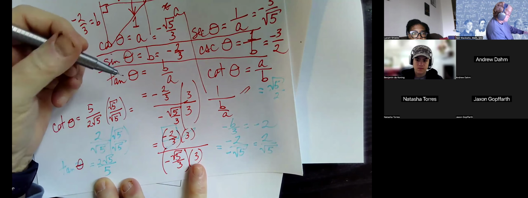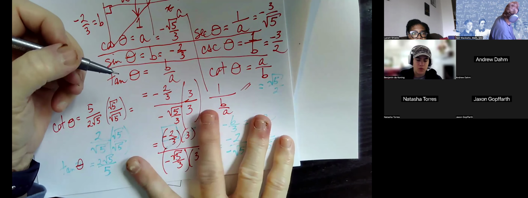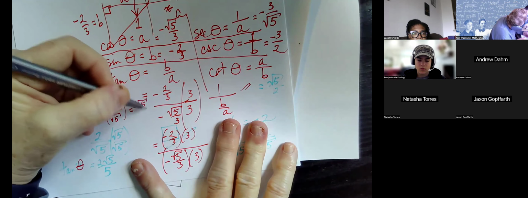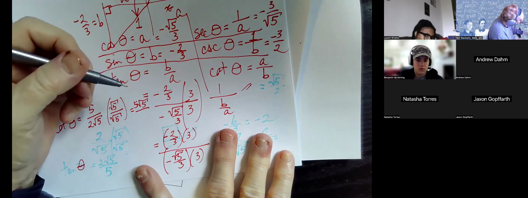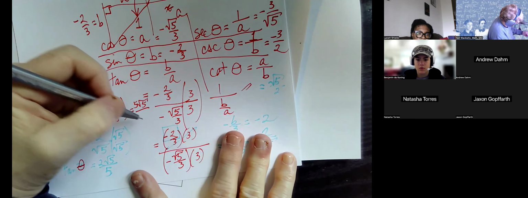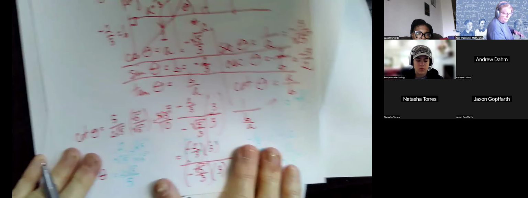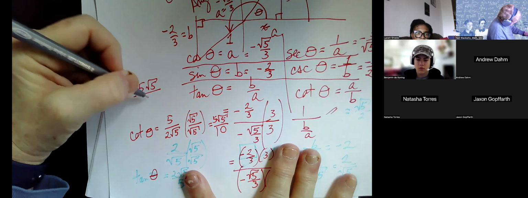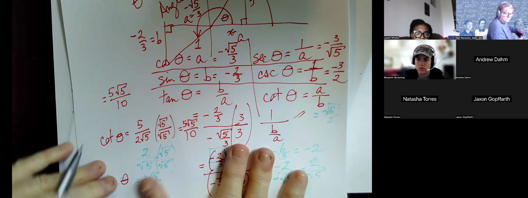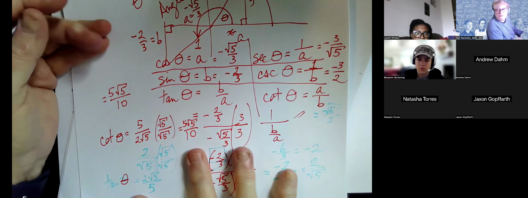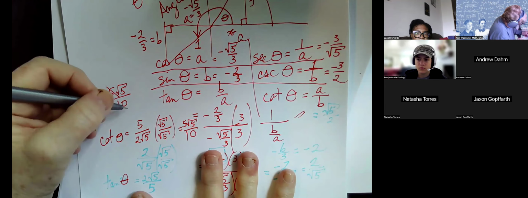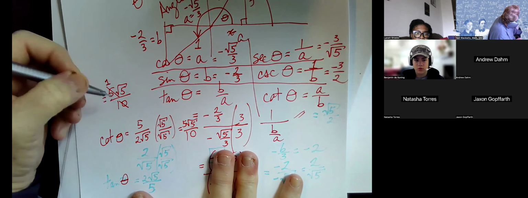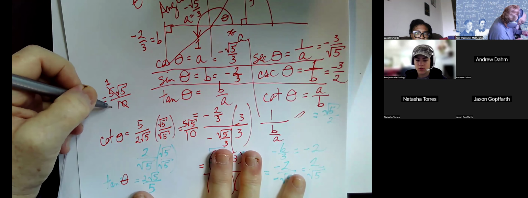What do we get in the numerator now? 5 root 5. Beautiful. And in the denominator, 10. And can we reduce? We've got 5 root 5 over 10. Can we pull that 5 out? Good. 5 goes into 5 once, and 5 goes into 10 twice.